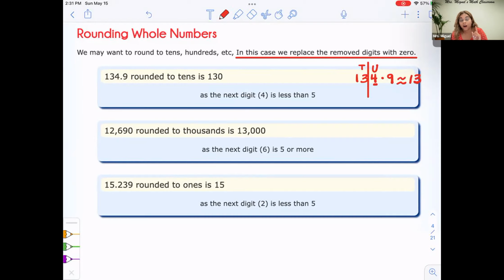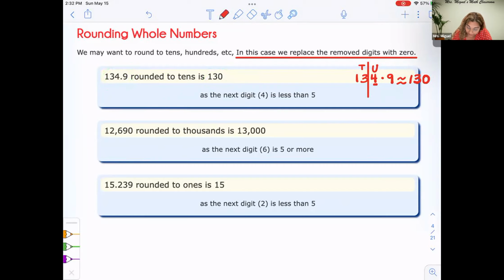Now, 134.9 is not approximately 13. So in place of my digit before the decimal point, I must put a 0. This number must be as close to this one as possible. If it is extremely far off, it means your answer is incorrect.